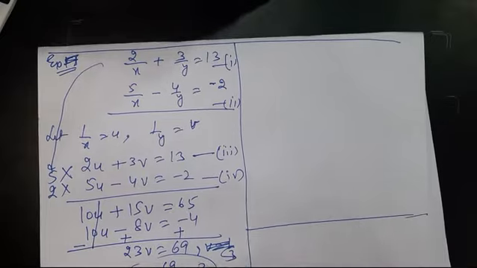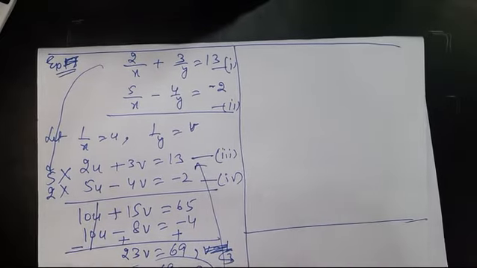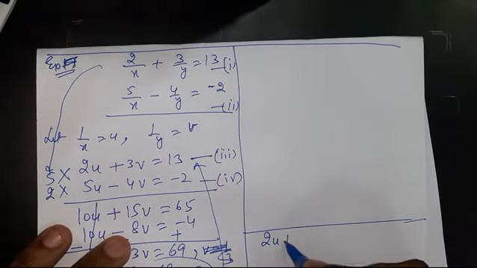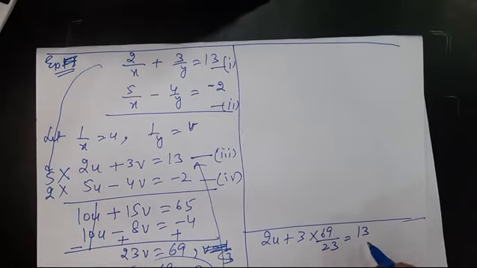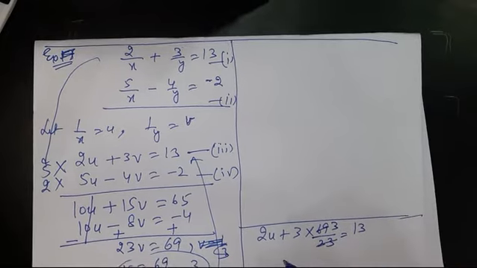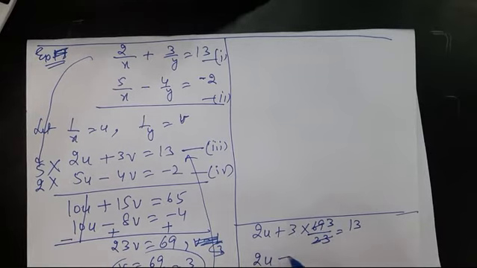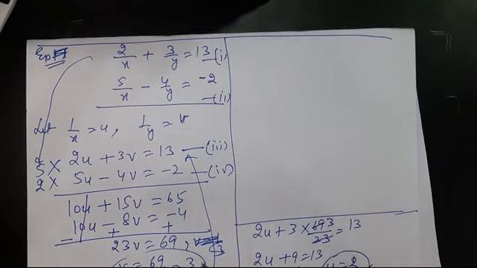Similarly, put this value of v in the third equation. So 2u plus 3 into 69 by 23 is equal to 13. So this is also 3 over here. So 2u plus 9 is equal to 13, 2u is equal to 4, u is equal to 2. v is 3, u is 2, but you have to find out x and y.